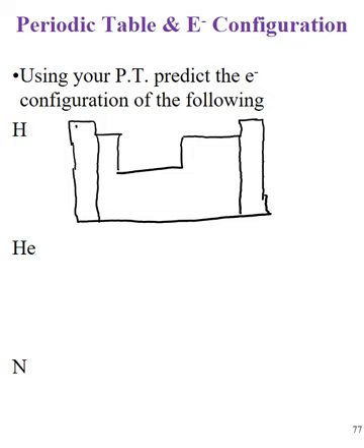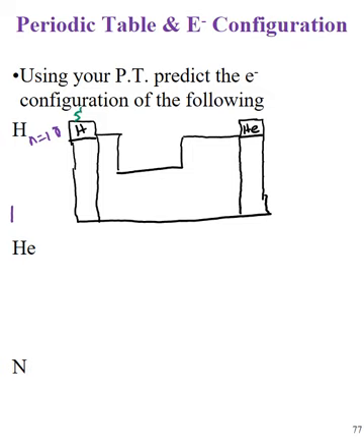We have hydrogen over here, and then we have helium across the row. We're going to do the first two, hydrogen and helium, together. Because hydrogen and helium are in the first row, that's going to be our n. n equals 1. So for hydrogen, our first energy level will be 1. And then I had you write S1 on the very top.